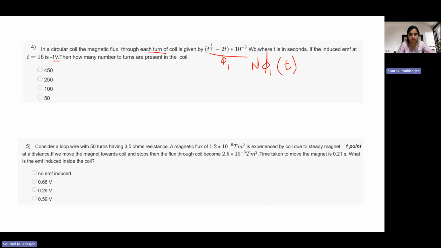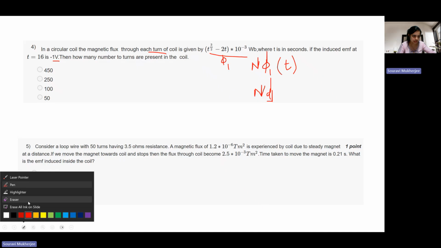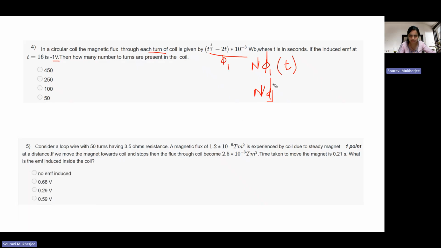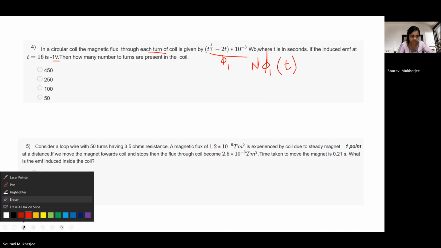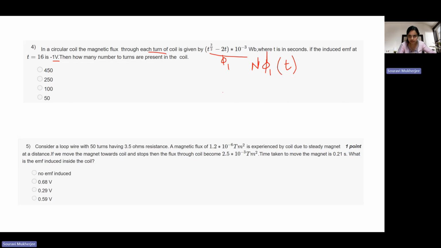So now if you find epsilon, the EMF is nothing but minus d phi dt, right? So that means N into d dt of phi 1, the rate of change of flux. I'll try to write the minimum possible.